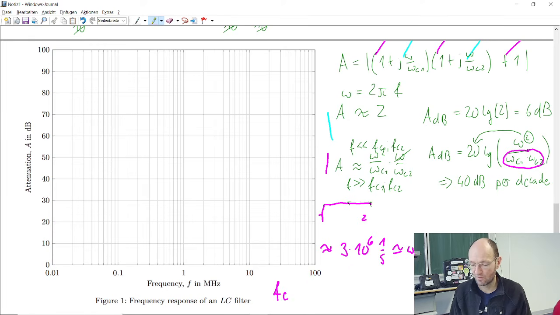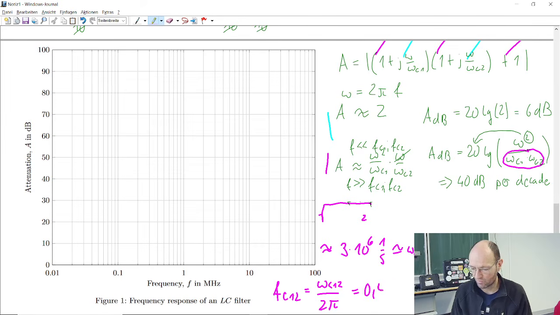So if we calculate the corresponding frequency, we have 3 divided by 2π. We take this, divide by 2π. 2π is approximately 6. Once again, 3 divided by 6 is 0.5. And so we get a little less than 0.5.